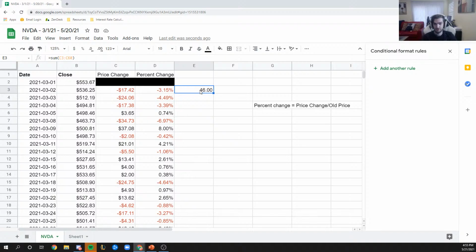Let's do an average, shall we? Let's find the average amount that NVIDIA went up per day. It goes up and down, but let's just make it a straight line. I want a straight line going up.